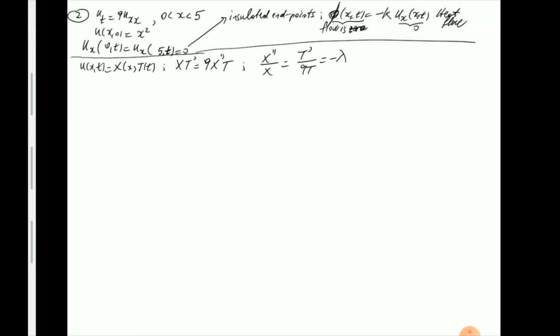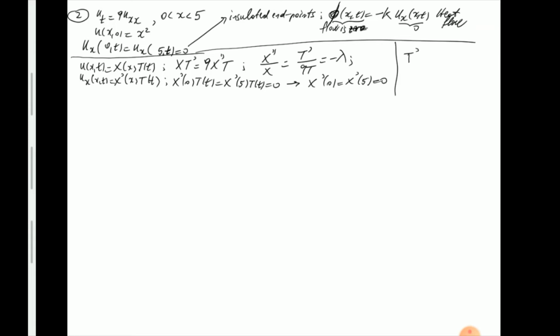And let's plug the product form also into the boundary conditions. So notice that u partial x at x,t is X prime of little x times big T of little t. Then you plug in 0 for x, so X prime of 0 times T of t, and X prime of 5 times T of t equals 0, which implies X prime of 0 equals X prime of 5 equals 0.